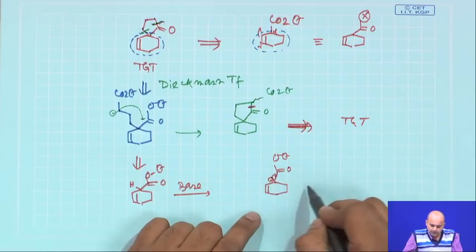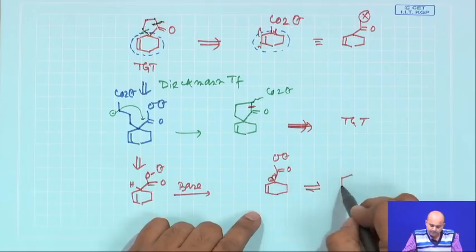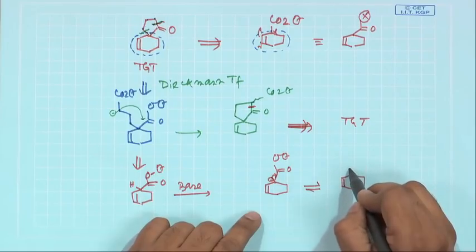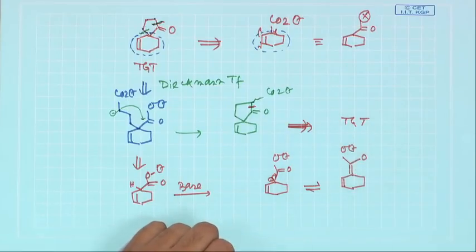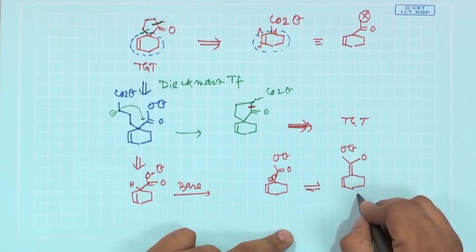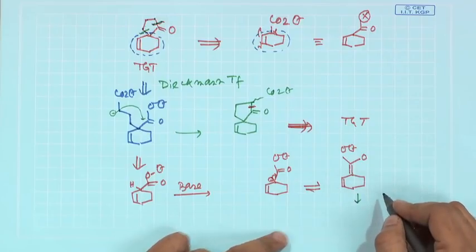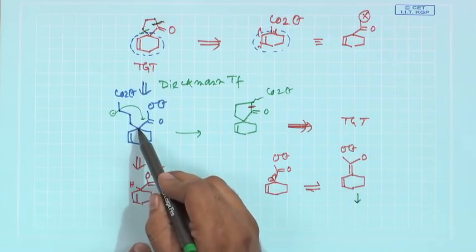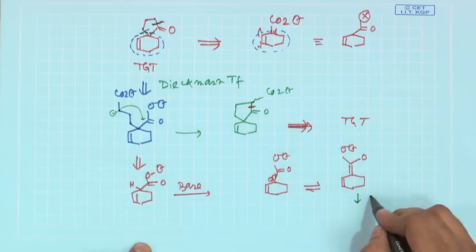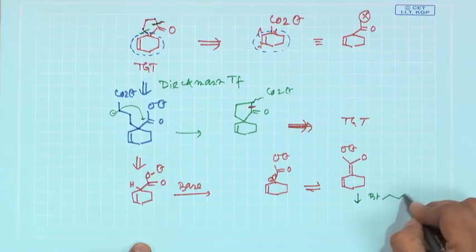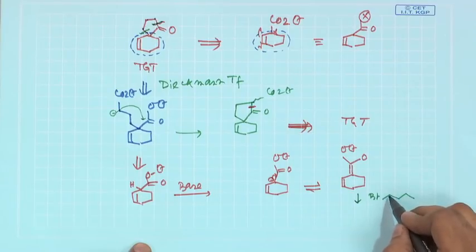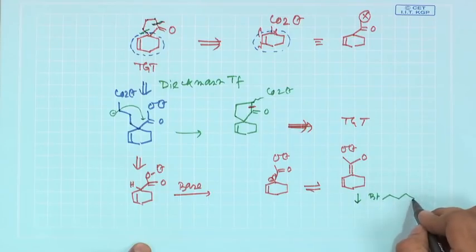Let us make this enolate first. Now, this enolate you can easily trap with some electrophile. The electrophile which we will be using here will give you this extra 3 carbon. So, based on this information you select the electrophile, which requires 3 carbons, CH2, CH2, CH2, with a bromo at one end, and this OEt.